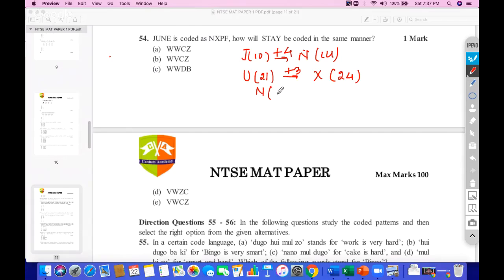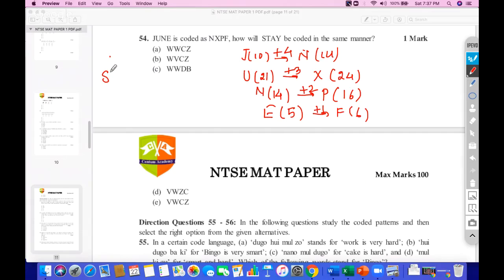N is 14 and P is 16. So it is plus 2 and E is 5 and F is 6. So plus 4, plus 3, plus 2, plus 1.